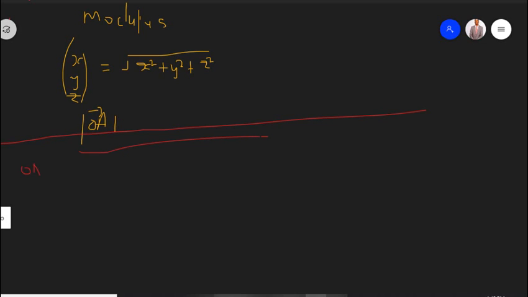If we are given OA equal to 102, the modulus of OA is equal to the root of 1 squared plus 0 squared plus 2 squared, which will give us root of 5. That's the modulus. That's the length of OA.